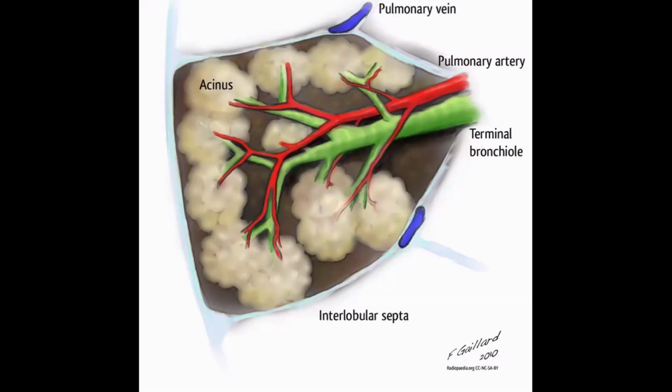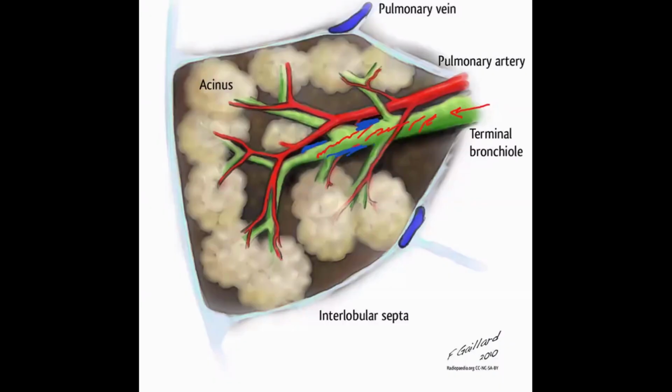And once we have centrilobular nodules or tree-in-bud infiltrates, we should think about what the causes are. We have the causes related to the terminal bronchiole: either pus inside the terminal bronchiole or inflammatory exudate, sometimes thickening of the wall of the terminal bronchiole or thickening of the bronchovascular interstitium.